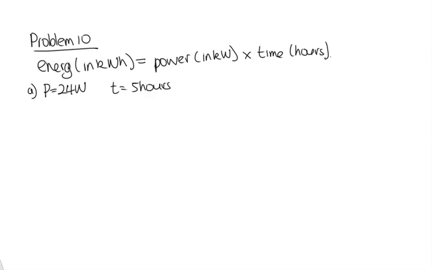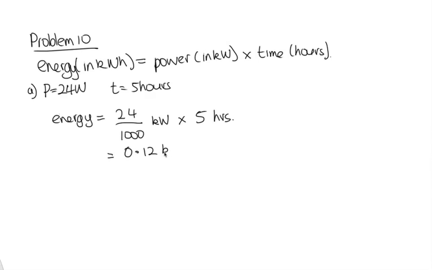So to get the energy in kilowatt hours, the energy is equal to the power in kilowatts. Now we've been given the power in watts, so to get that into kilowatts we need to divide it by 1,000. So now this is in kilowatts, and then we times the time in hours. And now solving this on the calculator, we get 0.12 kilowatt hours.